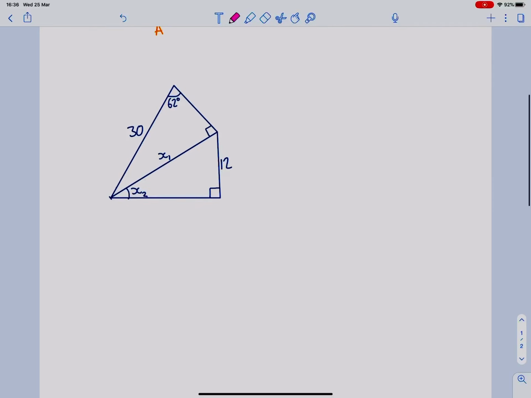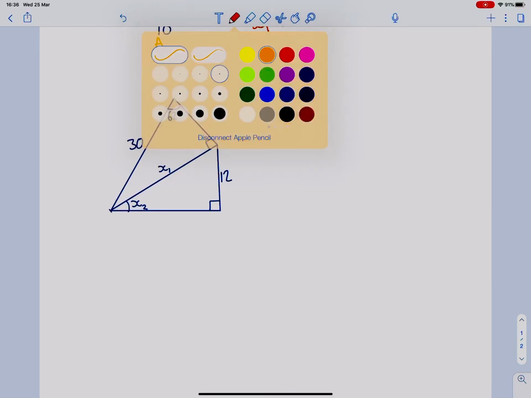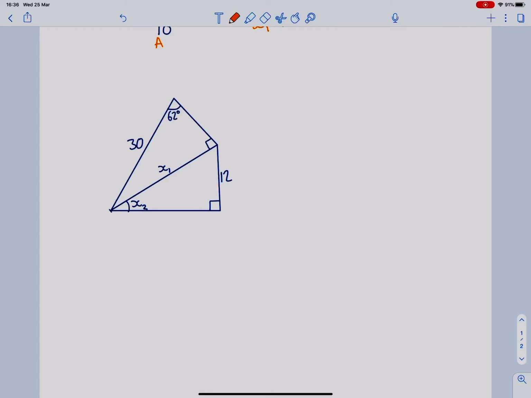So this is one where you have to find the angle. Again, you're going to find x1 first. Remember, the triangle that hasn't got x2 in, you're using that one first. The right angle triangle without x2 is this one here. So we're going to be using that one first. Find x1.